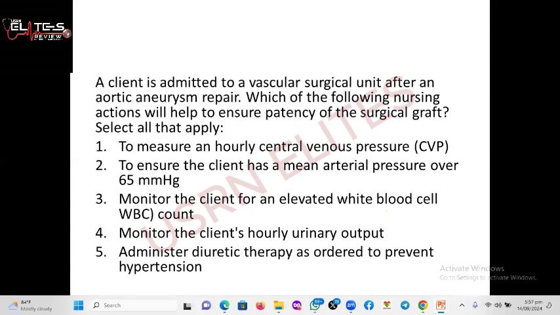Okay. All right. So let's see this. A client is admitted to a vascular surgical unit after an aortic aneurysm repair.